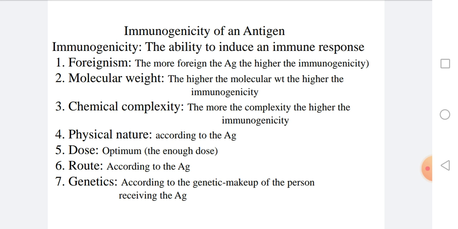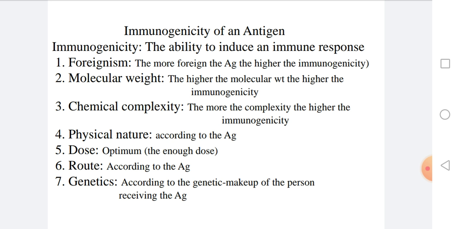The more foreign the antigen, the higher the immunogenicity. Two, molecular weight. The higher the molecular weight, the higher the immunogenicity. Three, chemical complexity. The more the complexity of the antigen, the higher the immunogenicity.